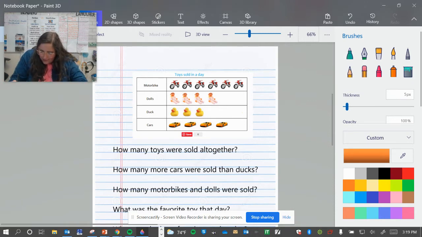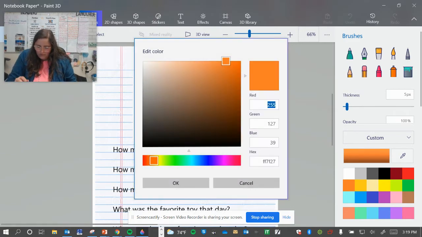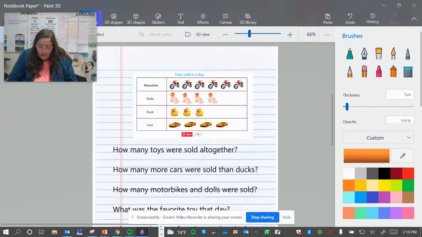What is happening? Uh-oh. There we go. Okay. Here we go. Analyzing picture graphs. Oh my gosh, it's hard. We're going to say pic graphs.